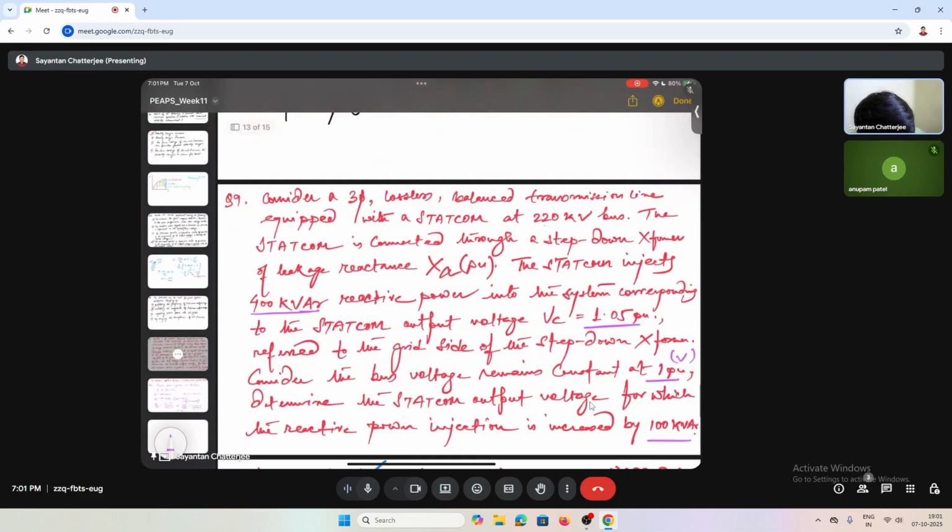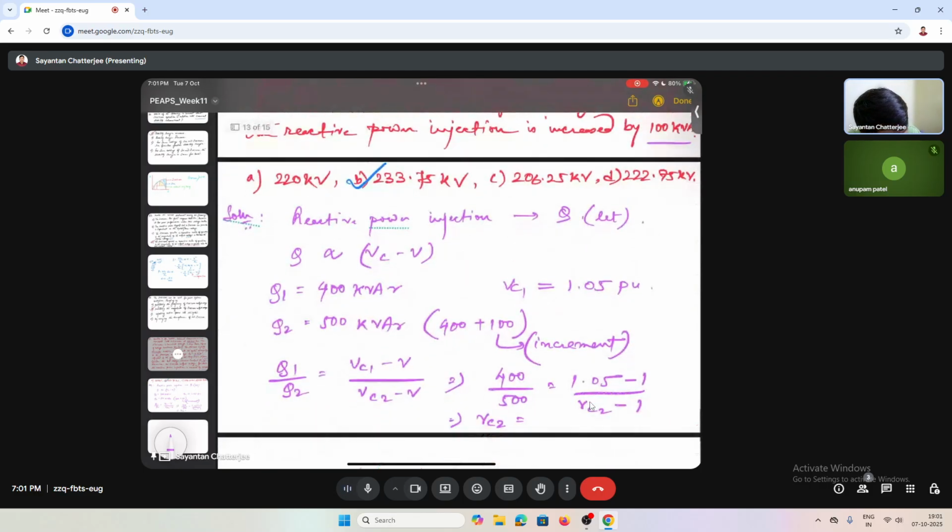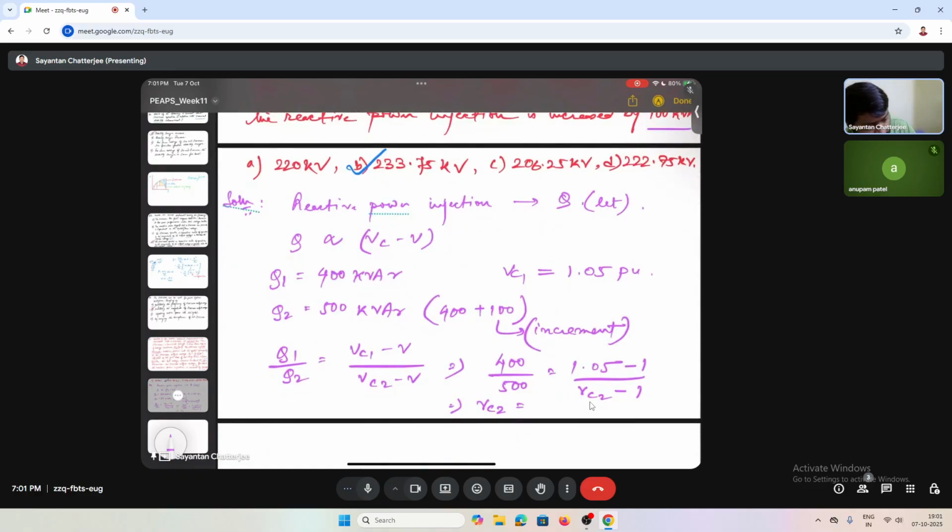So 220 is the voltage. So if we get in per unit, then also if we convert, I think this will be 233.75, since this is the answer correct and you have rightly pointed out. So this is the correct answer.